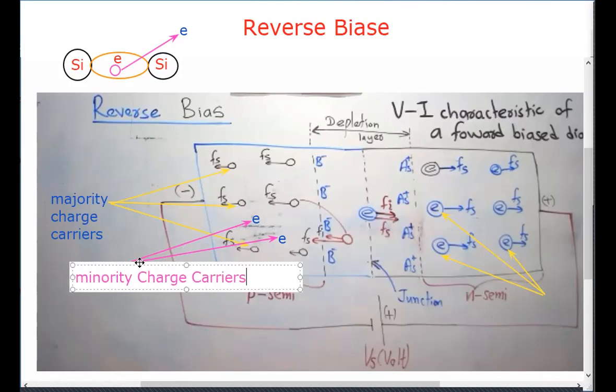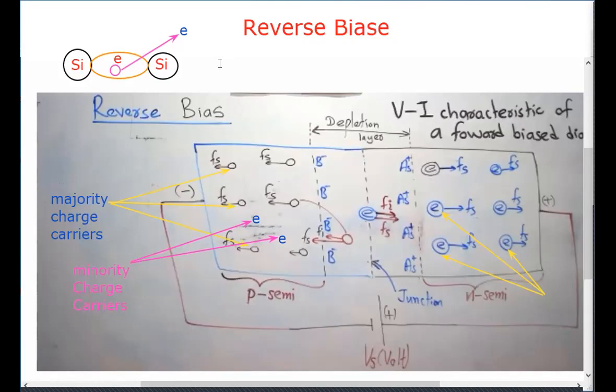Here we have said that no current flows through the diode, meaning there is no considerable current. No current is created in the diode due to the majority charge carriers. Can you understand it?